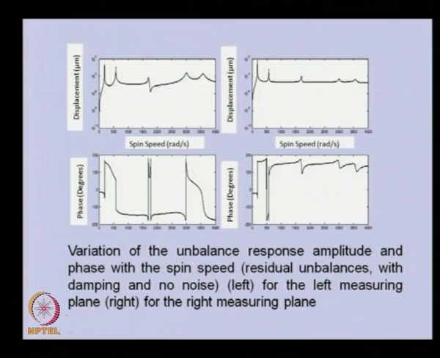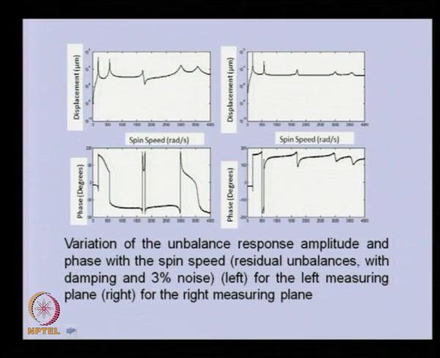In this particular case we have shown for higher modes also, similarly as we discussed for various cases of the previous one. Here there is no damping, and then damping is there, but no noise is there.